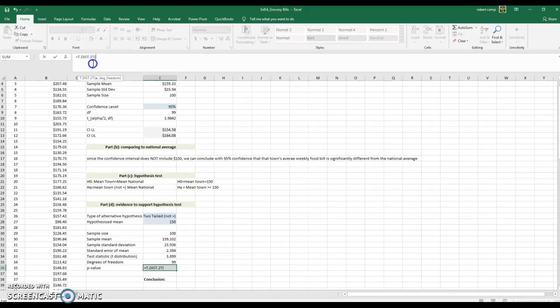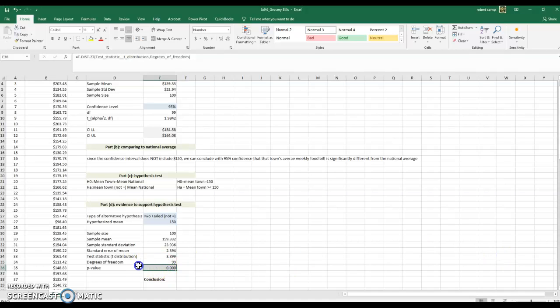Now we look at our x value, which is 3.899, with our degrees of freedom. If we close that out, we get a very, very small value.